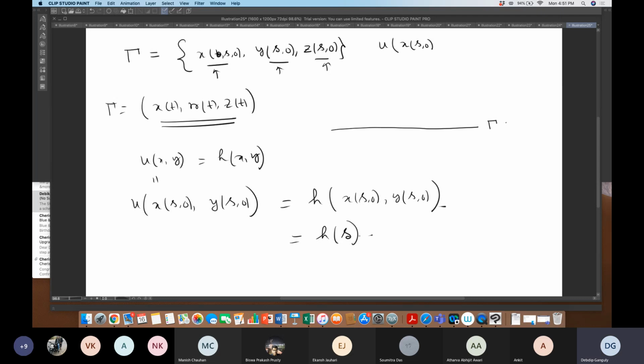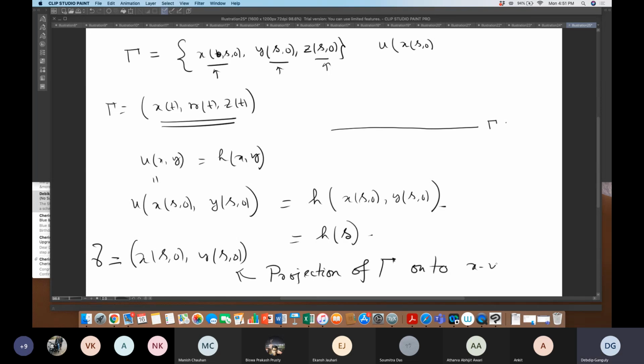So what is x of s0, y of s0? This is the projection of capital gamma onto the xy plane. So this is gamma, a space curve in R3. You project it onto the xy plane. If you project gamma onto the xy plane, what will it look like?